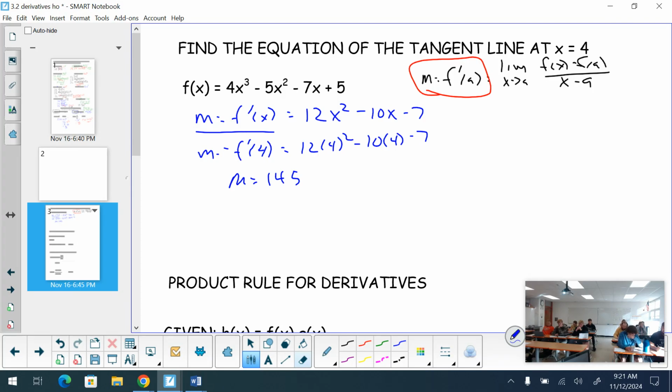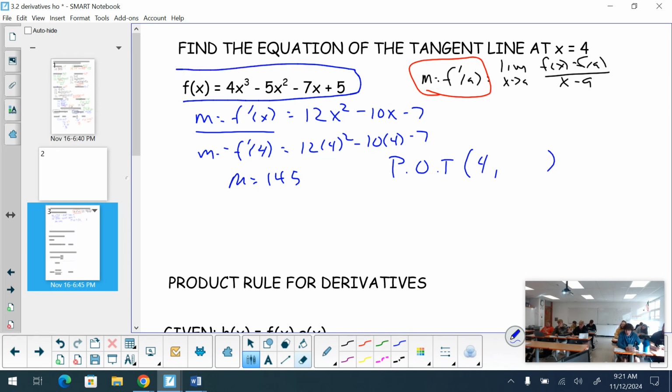And then we can find our point of tangency. Our x value is 4. We can find our function value at 4 to find our point of tangency.